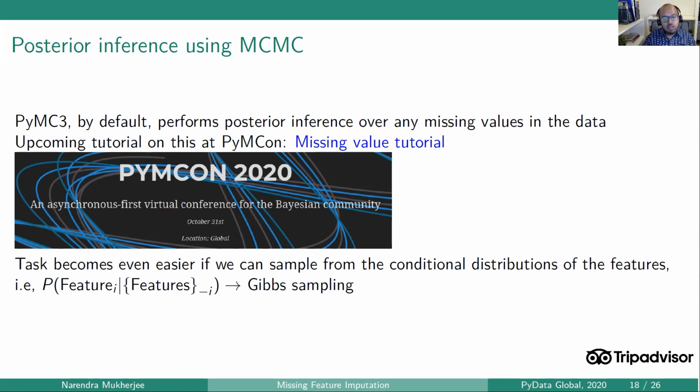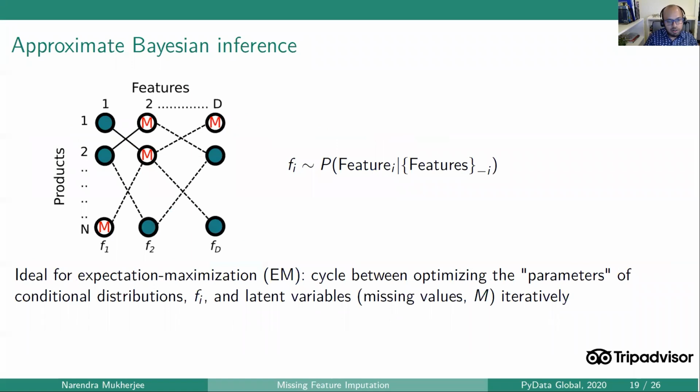The other thing which you can do, which is usually faster than doing MCMC, is to do approximate Bayesian inference. So again, let's assume that we have some sort of understanding of the conditional distribution of each feature dependent on every other feature, and I'm calling that F_i over here. So that's the probabilistic relationship which describes feature i in terms of all the other features in the model.